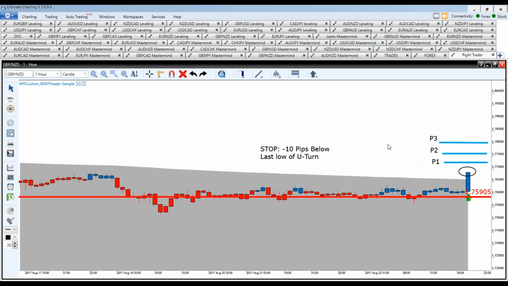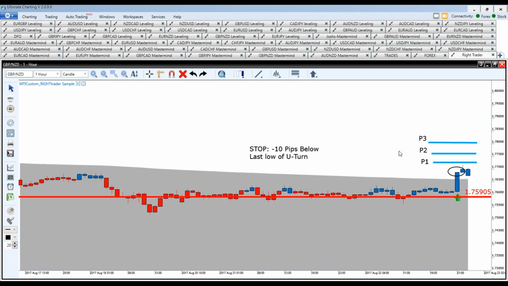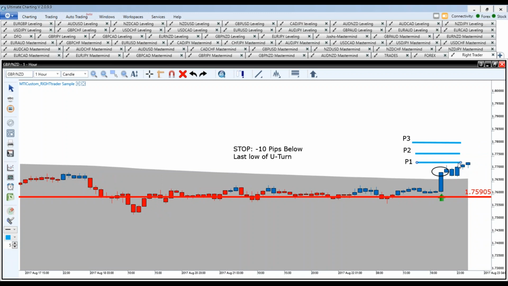Okay, so let's see what happens. Did the market touch P1? Yes or no? Did it do it?